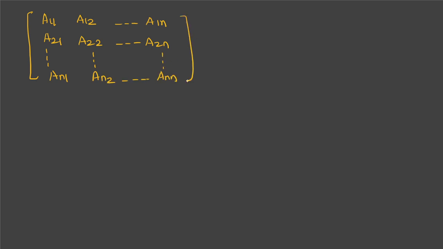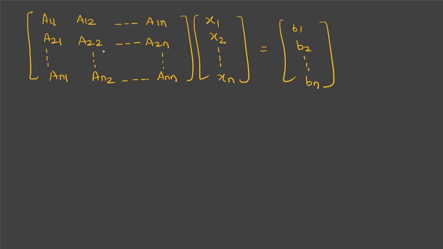This is how our system looks. And here x1, x2 up to xn, and this is going to be b1, b2 up to bn. You can see here is an n cross n matrix. This is an n cross 1 column vector, which is the unknown column vector, and this is also n cross 1.